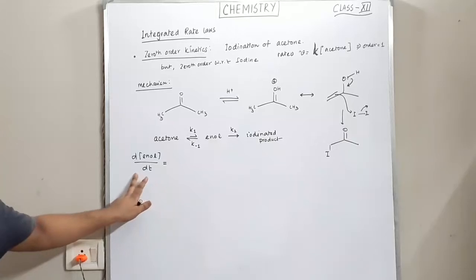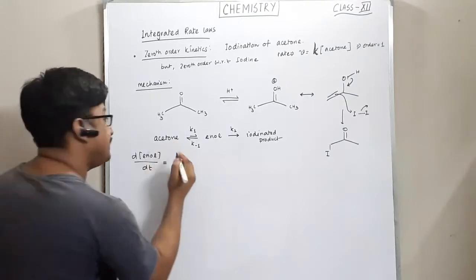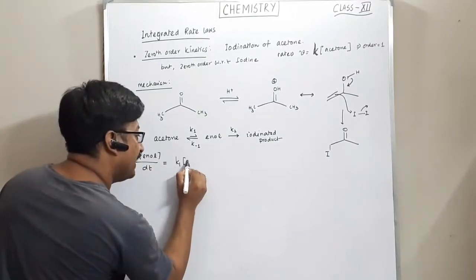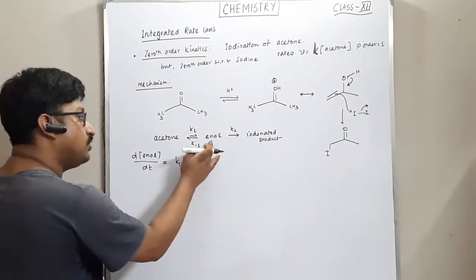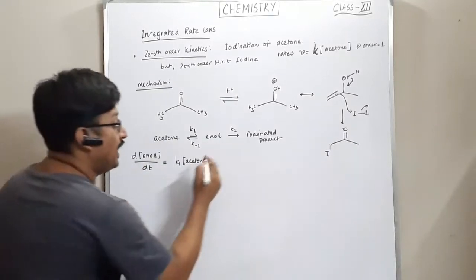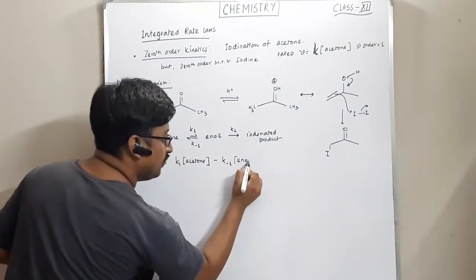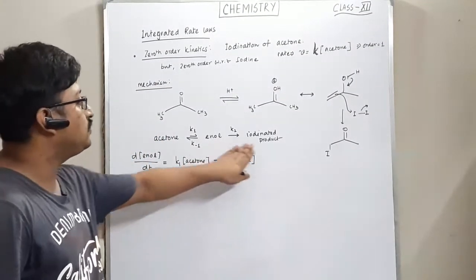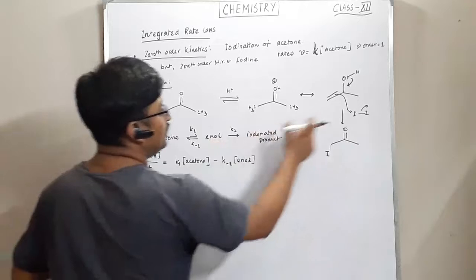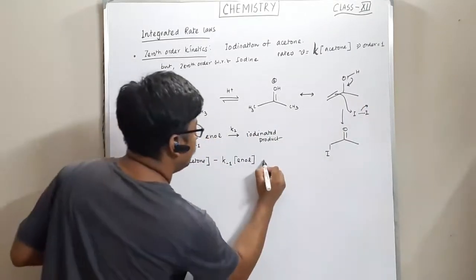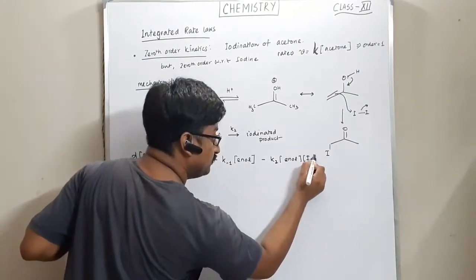So the enol is formed from the acetone, so this is k1 times acetone. Correct? And the enol is also getting depleted, so minus k minus 1 times the concentration of enol. And again, the enol is also depleted to the iodinated product, with enol plus iodine, so minus k2 into enol plus iodine.